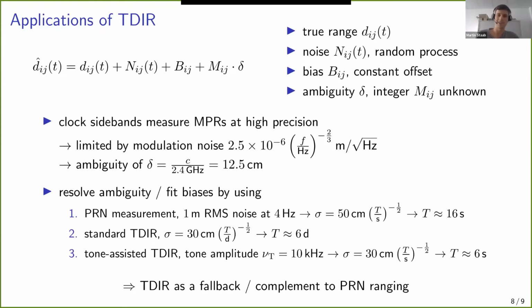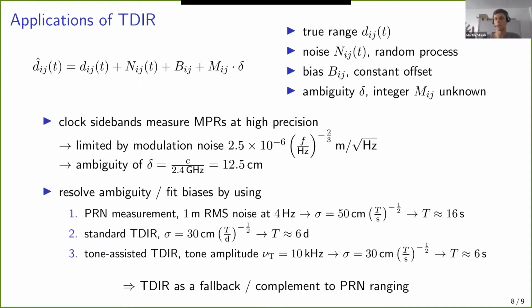I was hoping that Olaf would talk about it in more detail, but this is also something we did in the paper he showed in his slides on clock TDI without clock synchronization. There we show that you can use the PIN measurement to resolve this ambiguity or to find any unknown offset.